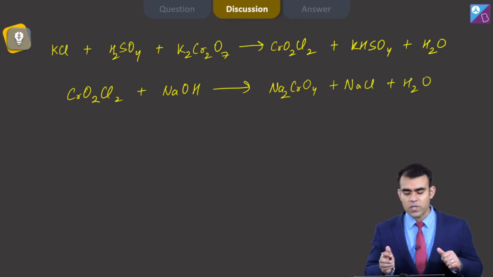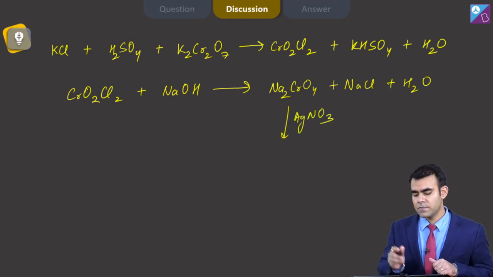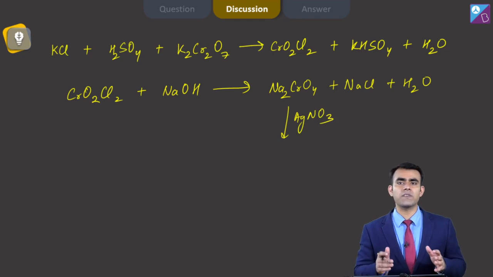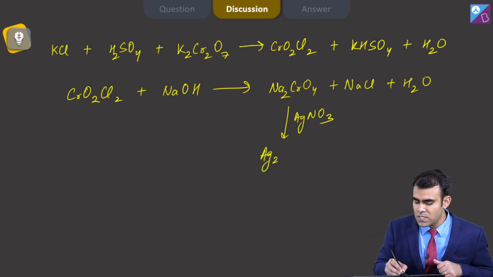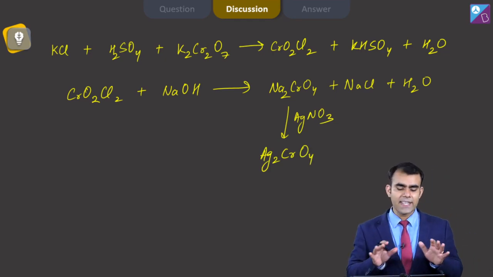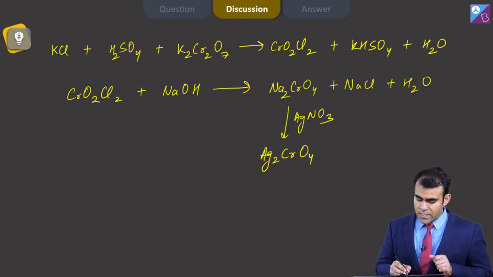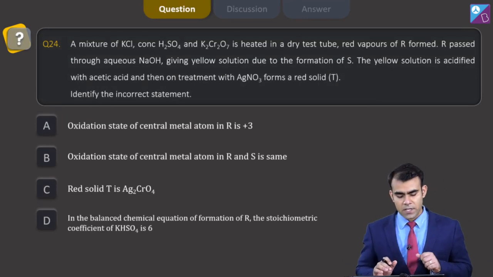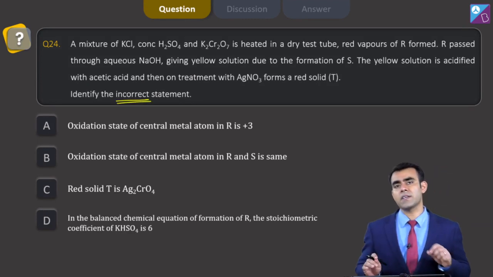And after that, this sodium chromate reacts with silver nitrate and leads to the formation of a red solid, and this red solid is silver chromate. Now these are the equations involved in this reaction. Now let's see the options, and we have to select the incorrect statement here.